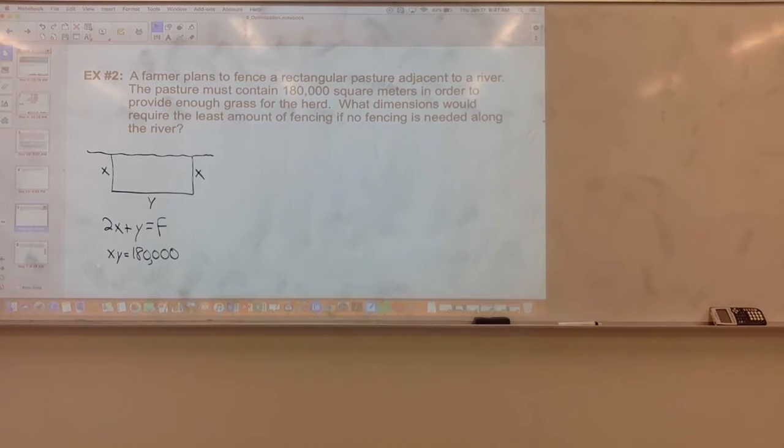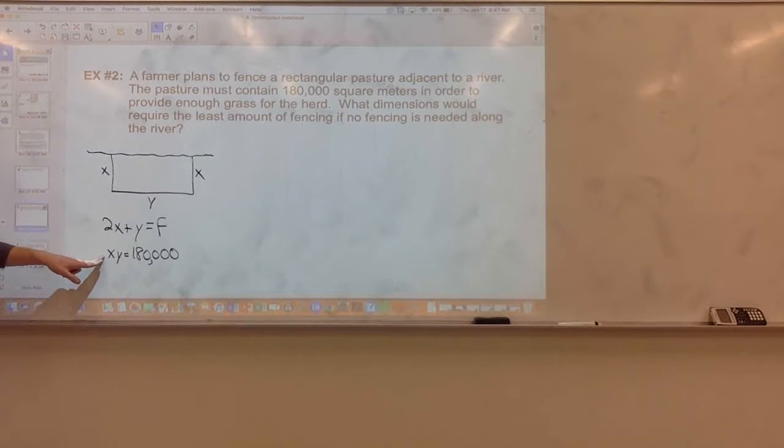So now what? You can take the equation and solve for one of the variables.